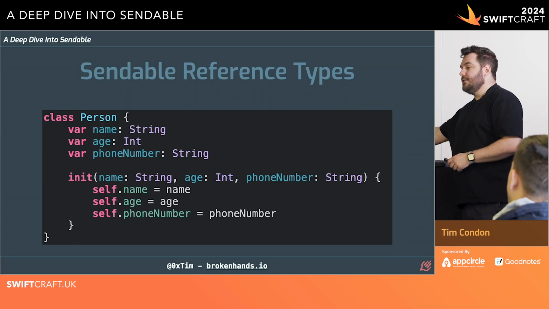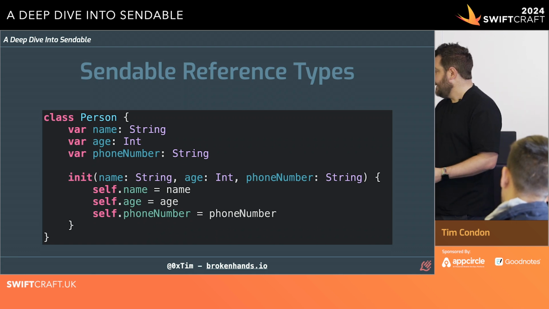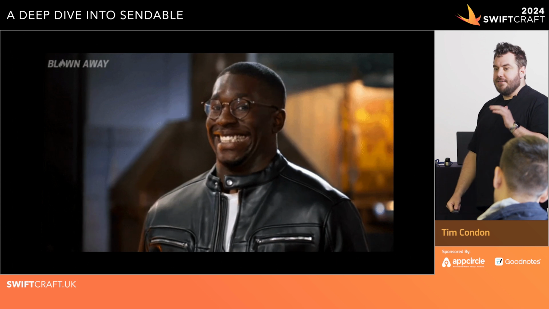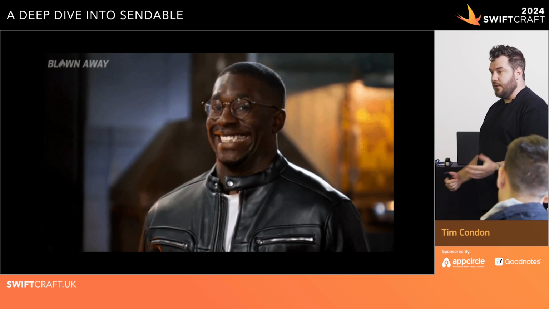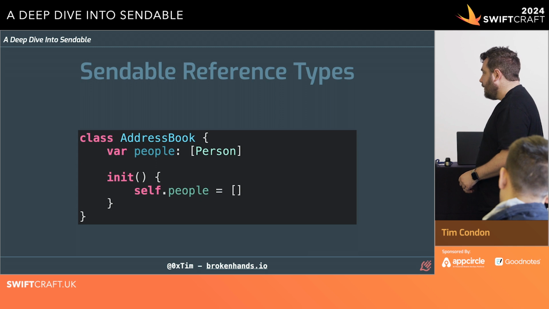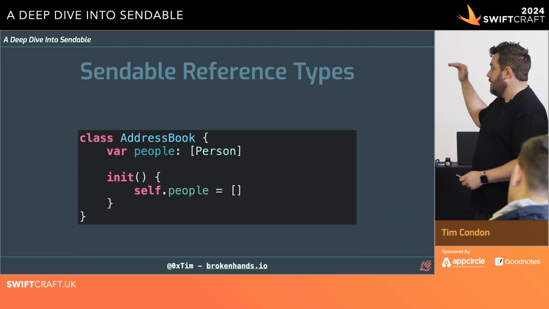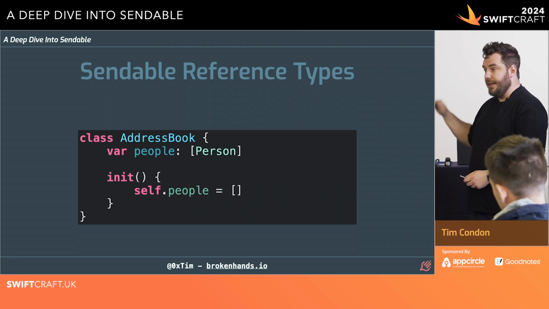So let's say I have my person that I want to make a class because I want to make use of reference semantics. How do I go about making this sendable? And this is where things start to break down a little bit and why people are a bit confused about what Sendable is and how to adopt it. So let's say I have my address book that contains my person that is a class and I want to make it sendable.